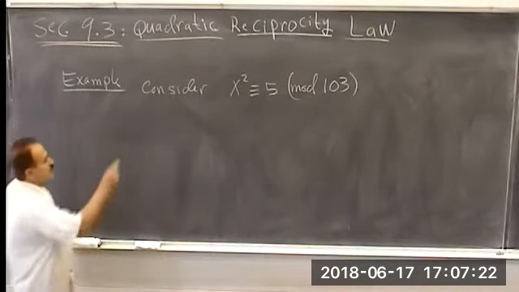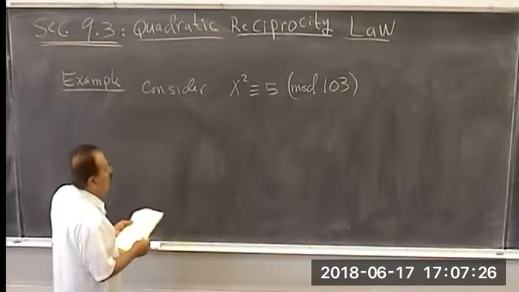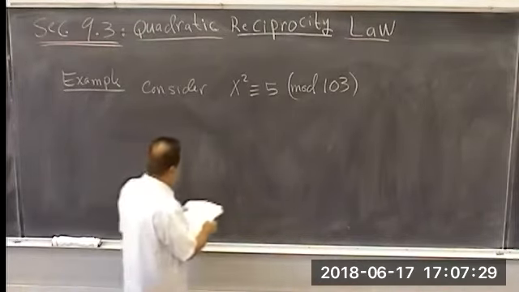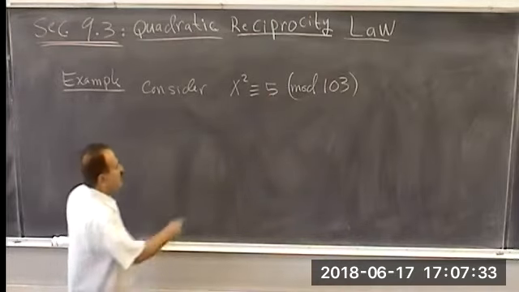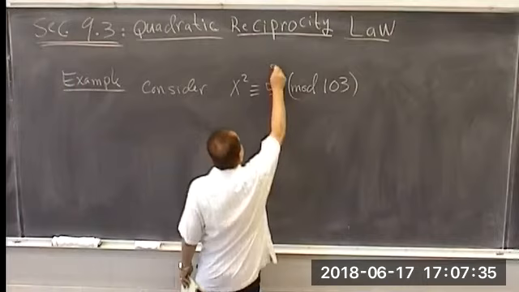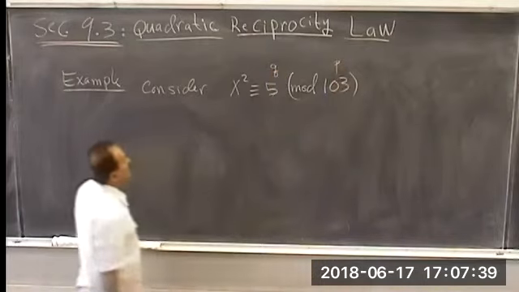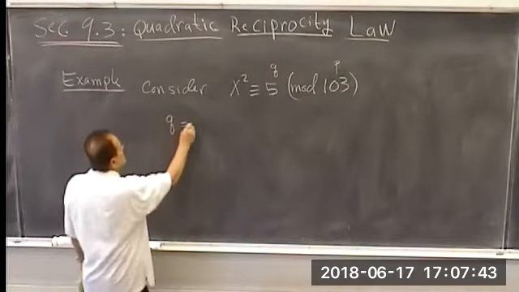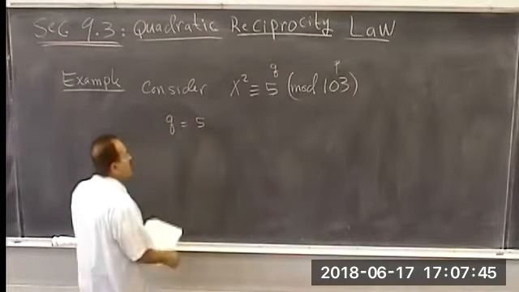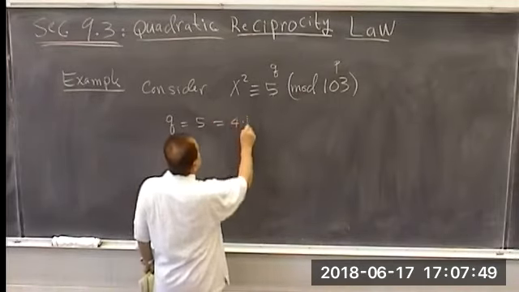So let's find the character of the number 5. Okay. So this is a prime. So we could think of this as like the Q in here, and think of this as like the P. All right. Now the Q, which is equal to 5, actually has this form.